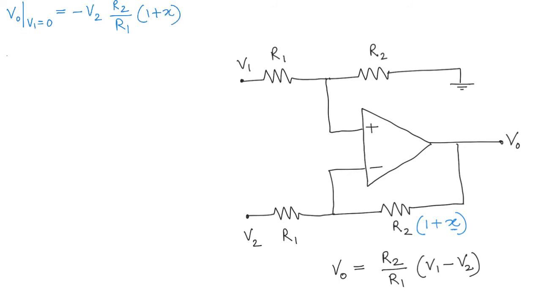Similarly, if we look at V output when V2 equals 0, we get V1 times R2 over R1 plus R2, times (1 plus R2 (1 plus X) over R1).